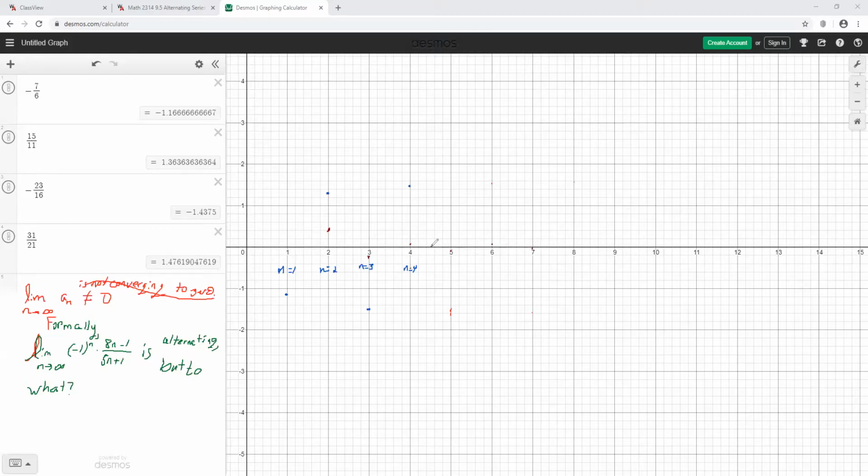Another possibility is when, say the first one's negative, like it is, and then switches. Pretend they were getting closer to negative 2 and positive 2.